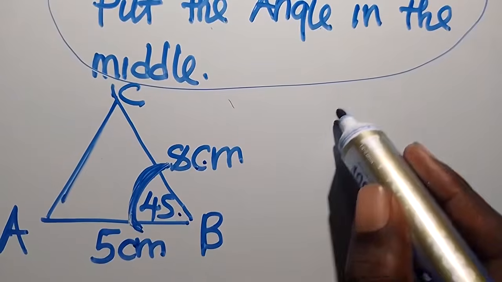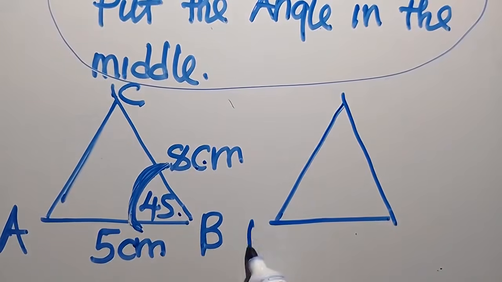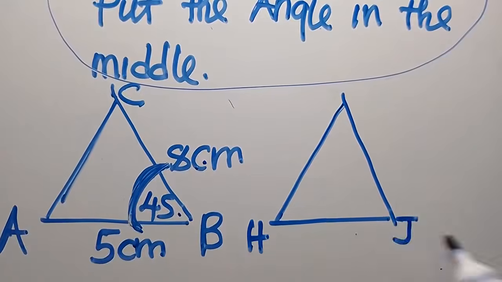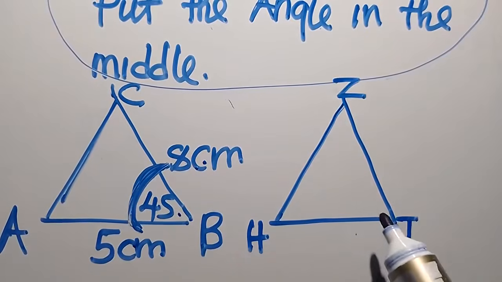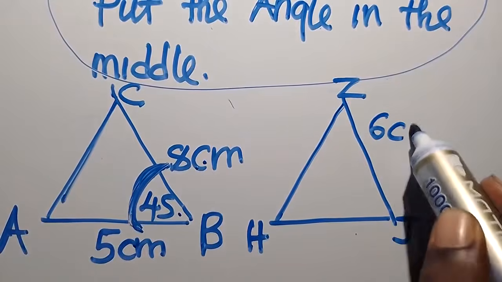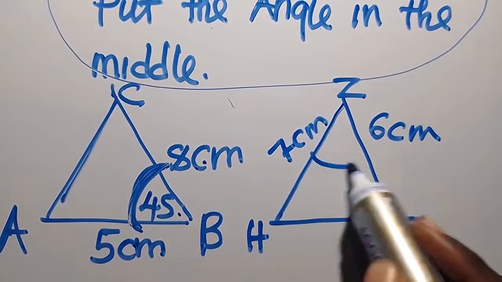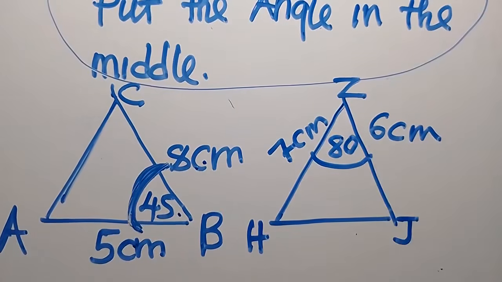Maybe a question can come in different ways. If you get something like this, they put H, J, then Z there. Then you are given a side here, 6 centimeters, and here 7 centimeters. Then you are told that the angle there is 8.